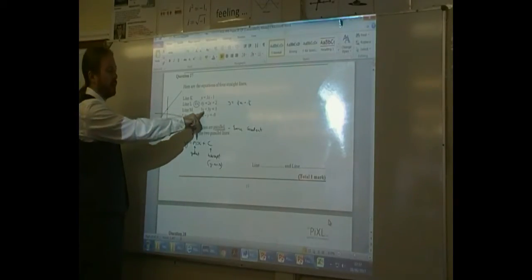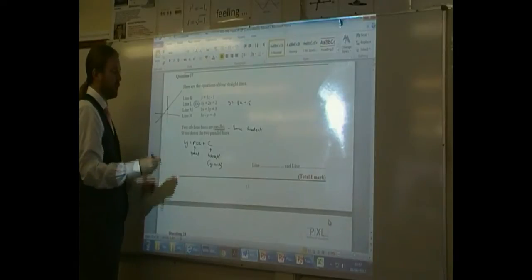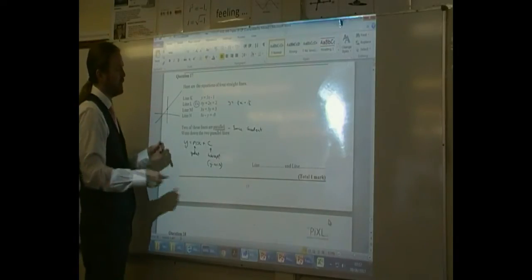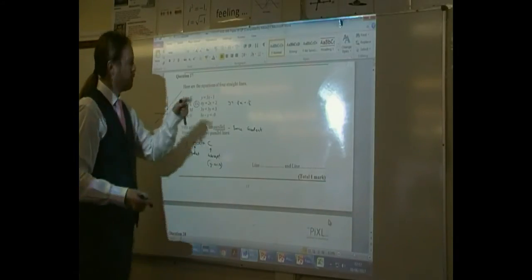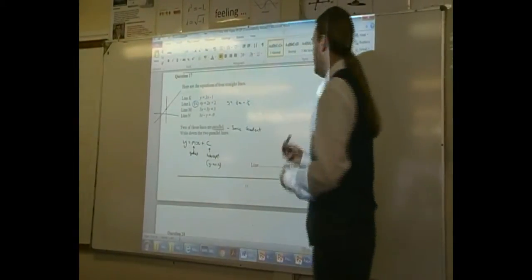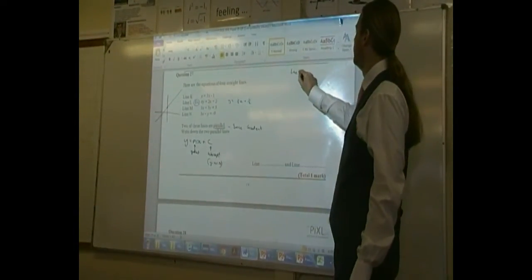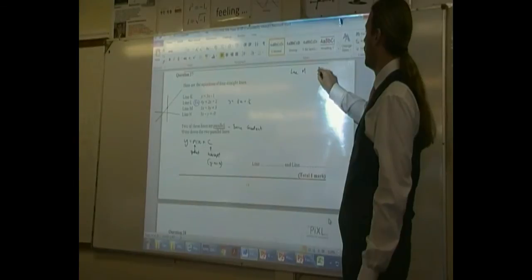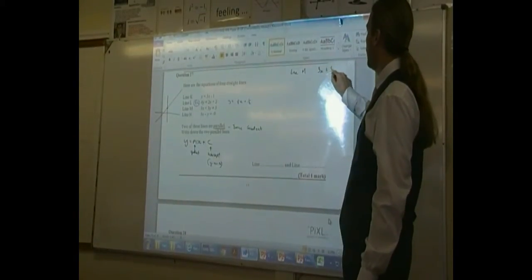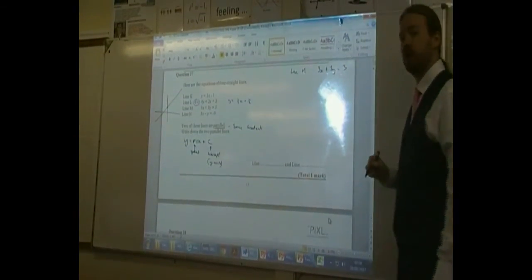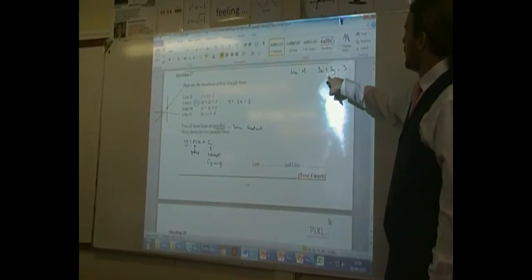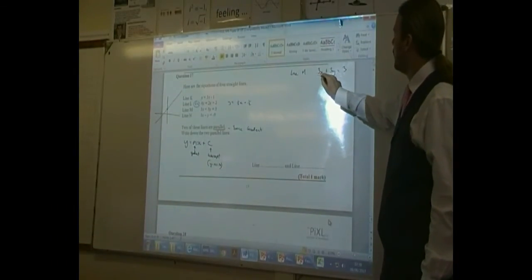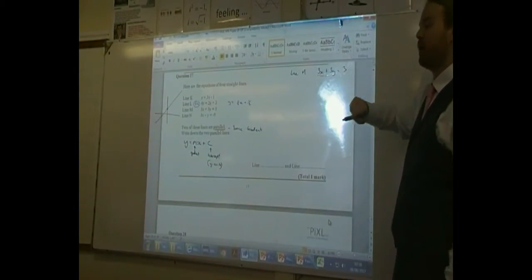Line M, 3x plus 3y equals 3. At the moment, everything is on this side. I'm going to rewrite M over here. So line M, 3x plus 3y equals 3. My first step is that I want to get rid of this 3x, because I want 3y on its own.